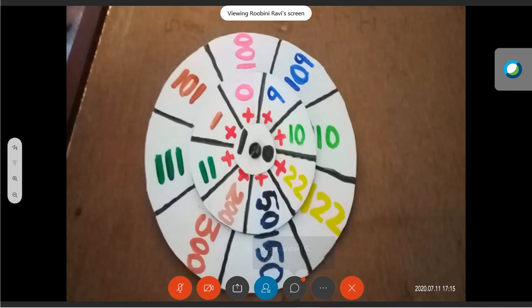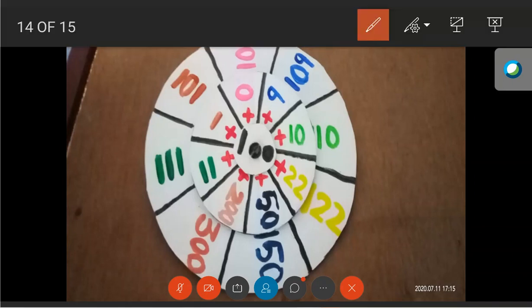And those who do not have it, we will send this activity to you in the class group. So this is the activity about the addition wheel. The first big wheel is there. Inside that, one small wheel is there. And the third wheel is the small 100. You have to make 100.